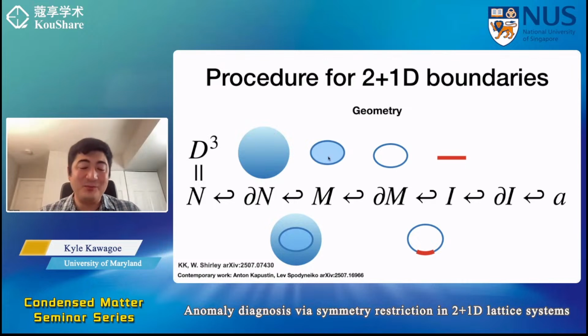Okay, so we have some symmetry which we restrict to a disk on this sphere. And because we had a representation to begin with, the restricted symmetry operators are a representation up to some operator supported on this boundary, on this circle.